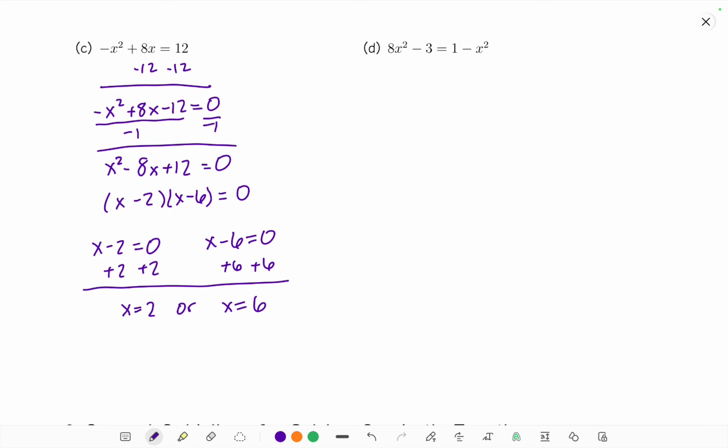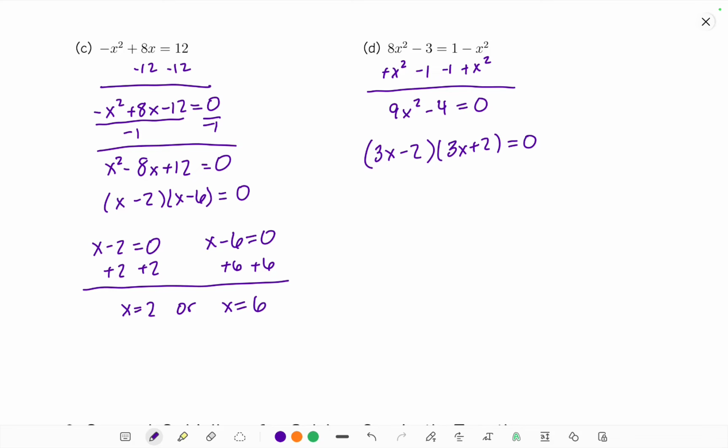D, 8x squared minus 3 equals 1 minus x squared. So again, I need to get it in the correct form, so I'm going to add x squared and then subtract 1. We get 9x squared minus 4 equals 0. Now this is a difference of squares, so that will be 3x minus 2, 3x plus 2 equal to 0.